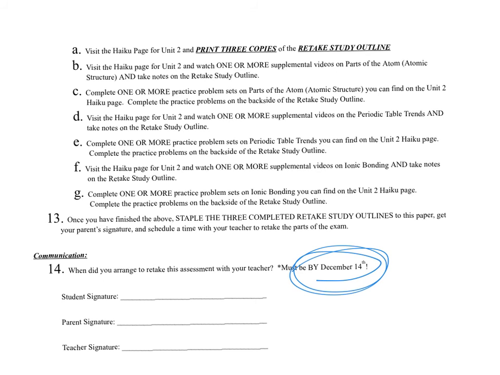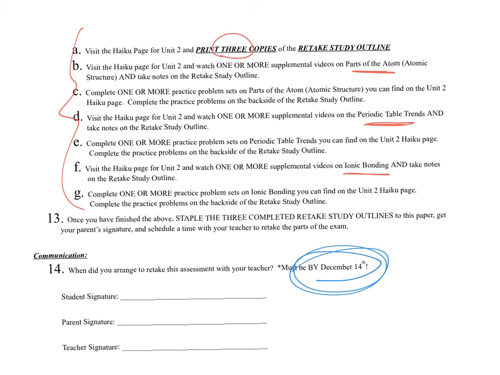So if you are planning to retake it, you need to make sure that you follow the directions in steps 11 through 13. So you need to print 3 copies of that retake form that you're going to find on Haiku. And you need to watch videos and do practice problems for all 3 of the topics that were included in the quiz: parts of the atom, periodic table trends, and ionic bonding.